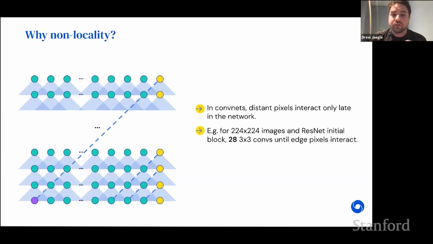You need 28 3x3 convs with that standard processing stack before all of the 224x224 pixels in an image are looking at each other. And what this means is that in a ResNet 50, the points on the very edge of the pixels actually never see each other. I found this a little bit counterintuitive, but it suggests that we really are constraining quite a lot the functions that are easy to express with these models. So there are some functions of images you just can't capture with a ResNet 50.